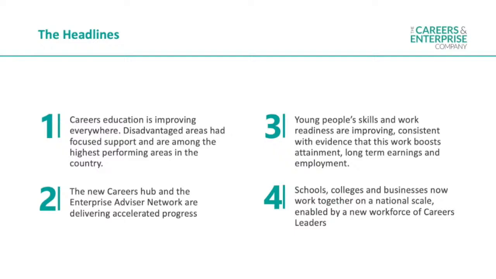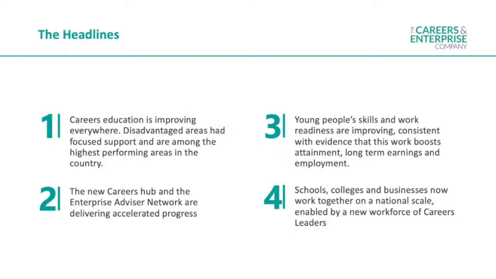Young people's skills and work readiness are improving. We know this through the results of our Future Skills Questionnaire and also through surveying careers leaders consistently across the country. We know that as young people's skills and work readiness improve, then so does their attainment and their opportunities for long-term earnings and longitudinally employment. So schools, colleges and businesses are now working together on a national scale.